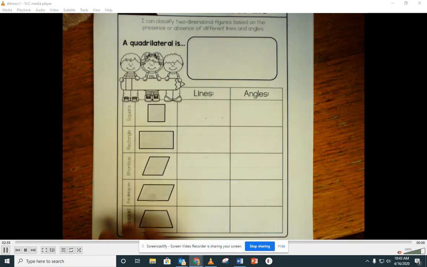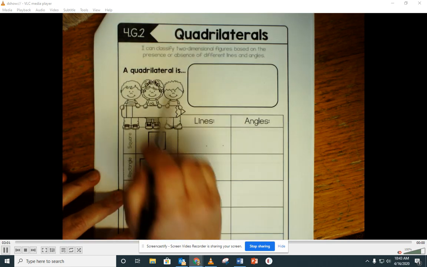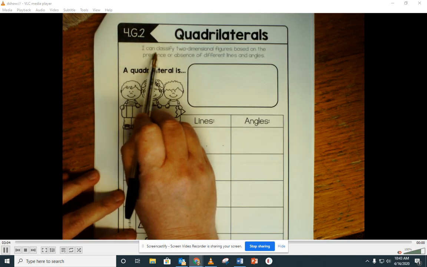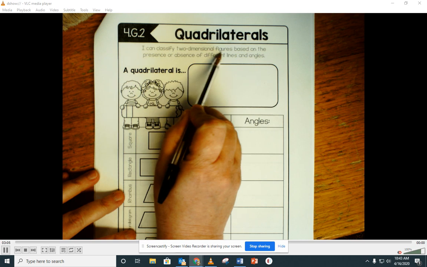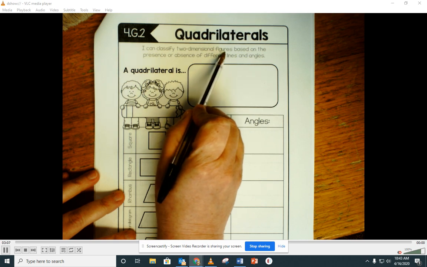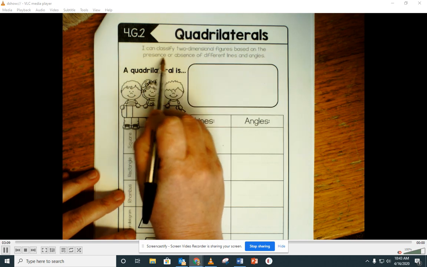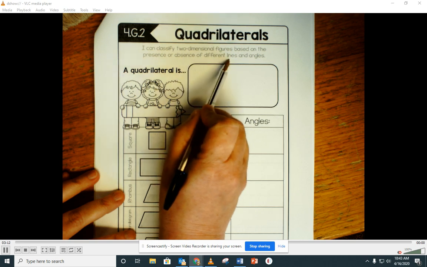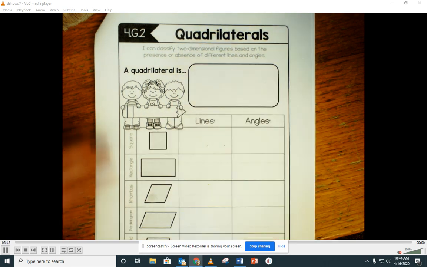The first thing that we're going to do is figure out the definition of a quadrilateral. Your learning intention is that I can classify two-dimensional figures or shapes based on the presence or absence of the different kinds of lines and the different kinds of angles.